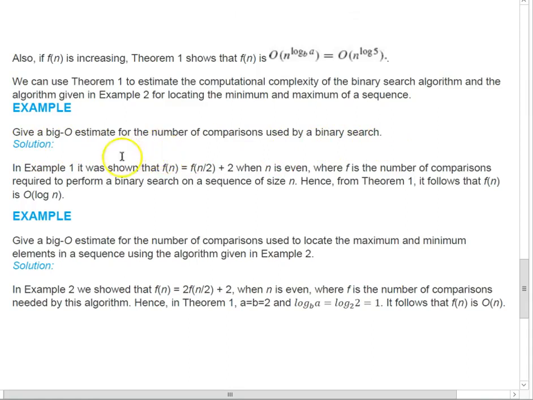Assuming that f is an increasing function, we can use this recurrence relation, where f is the number of comparisons required to perform a binary search on a sequence of size n.